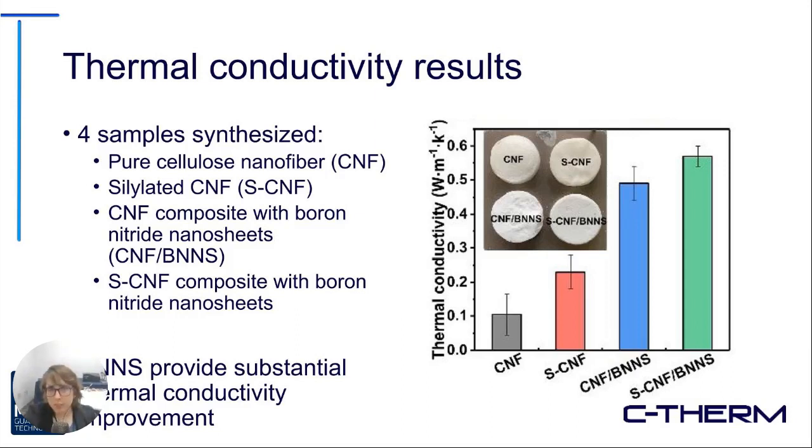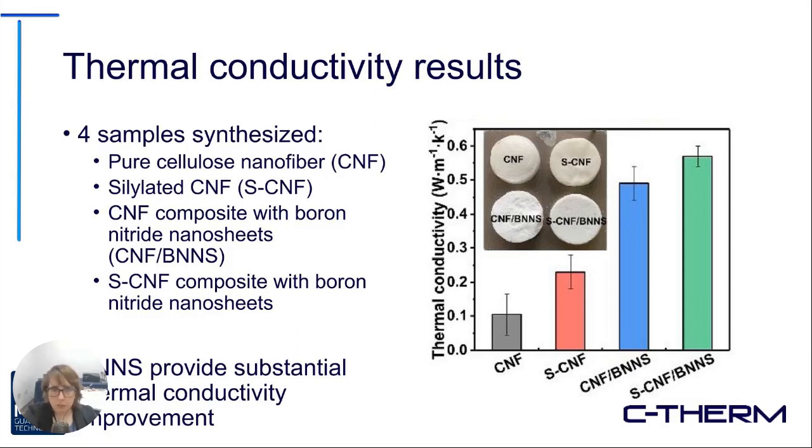So you can see there's a six-fold improvement in the thermal conductivity of the silylated cellulose nanofiber material. That is a composite, of course, with the boron nitride nanosheets.